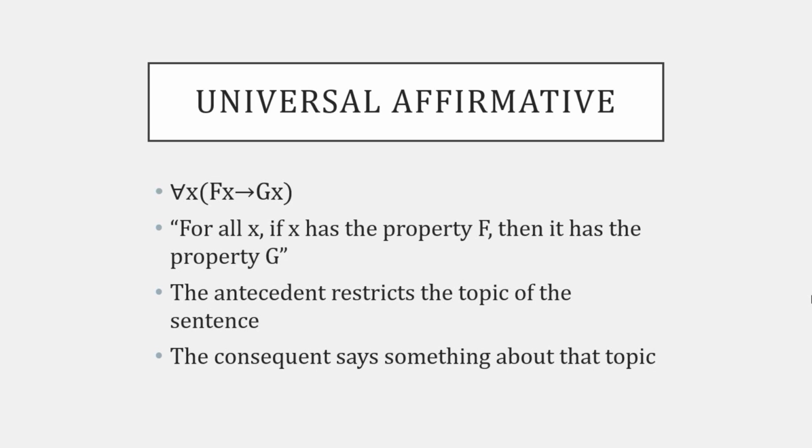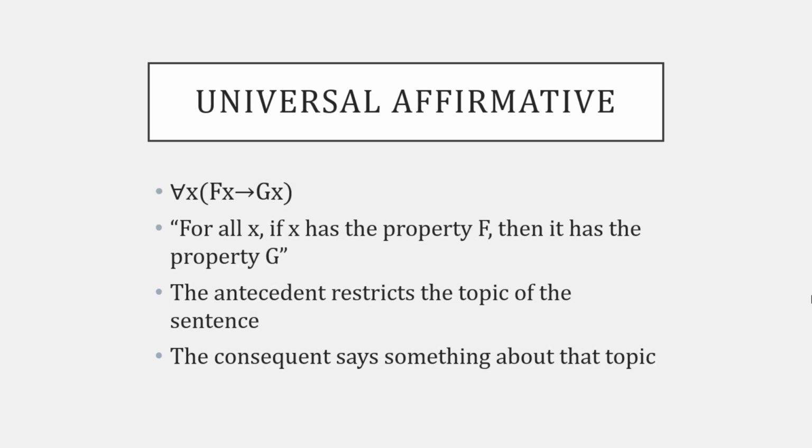Is it clear why you don't want to say for all x, Fx and Gx? Because that's the one you might be tempted by, and that's a radically different sentence. If I said for all x, Fx and Gx, what am I saying? Yeah.